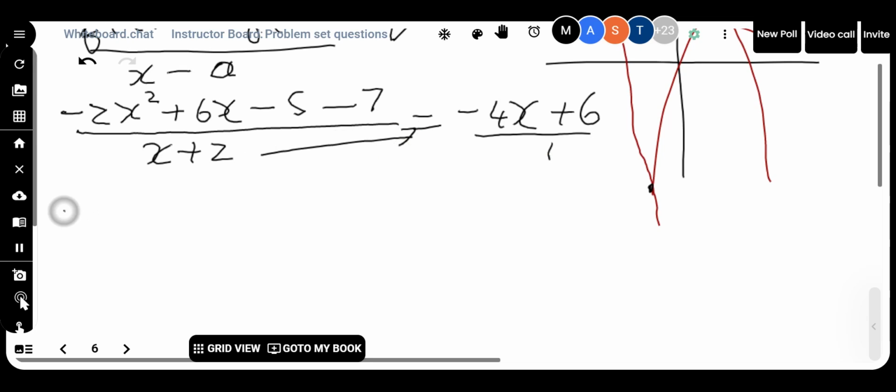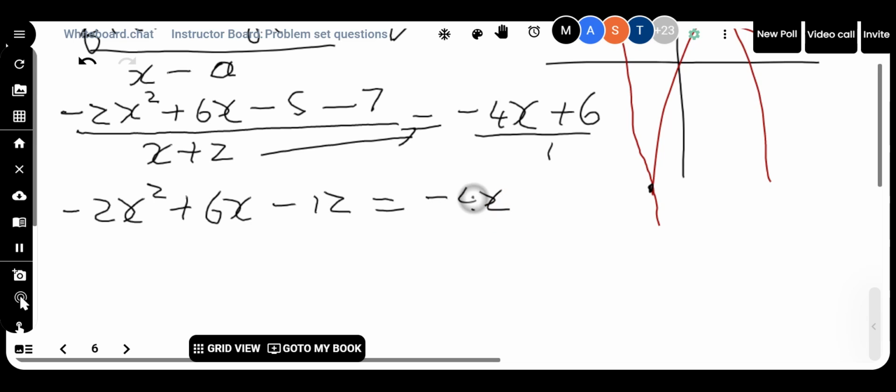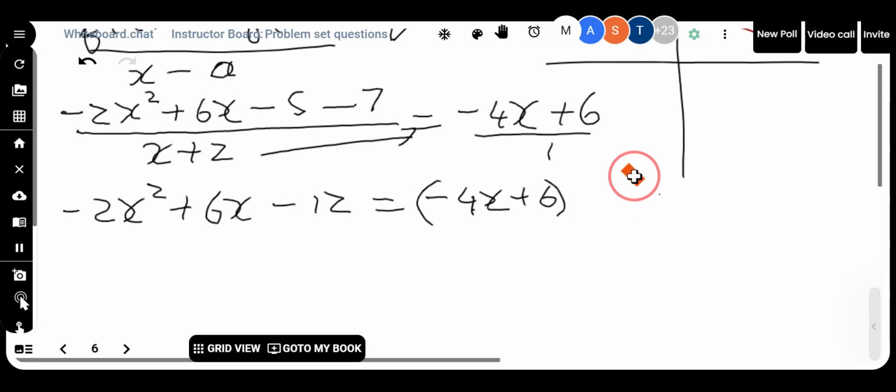So I'm going to take minus 2x squared plus 6x minus, I guess, 12, and set that equal to minus 4x plus 6 multiplied by x plus 2.